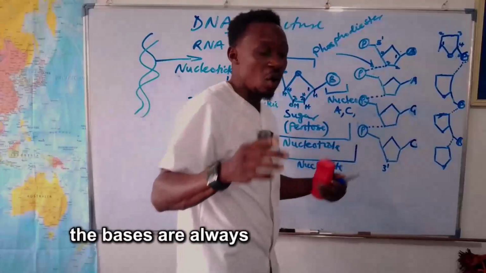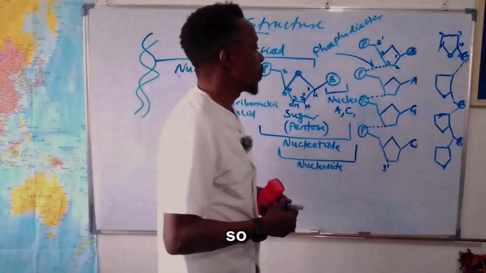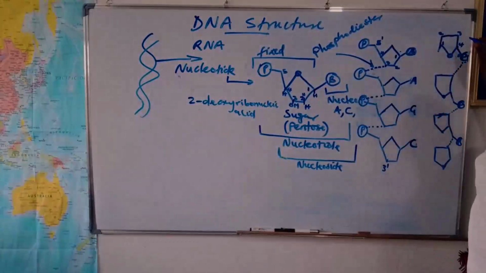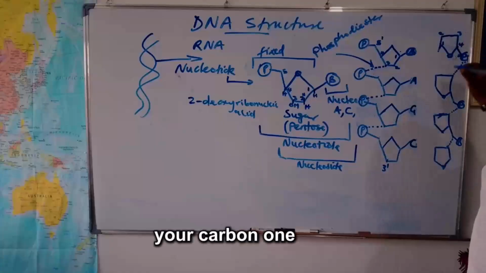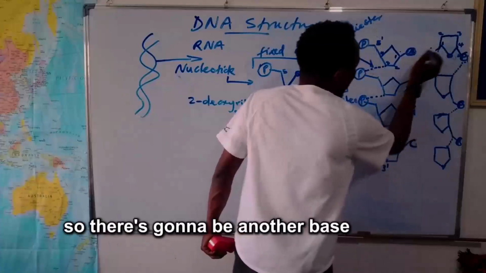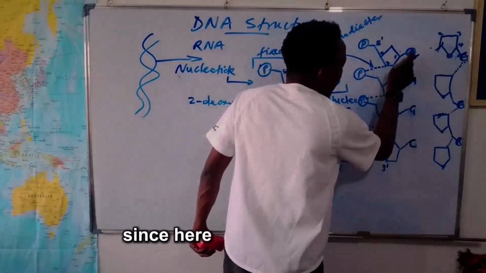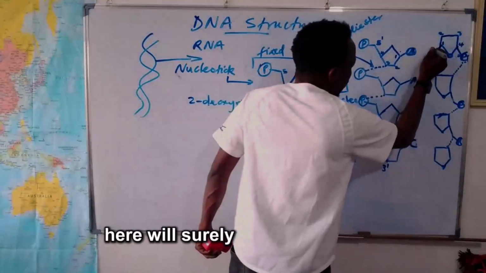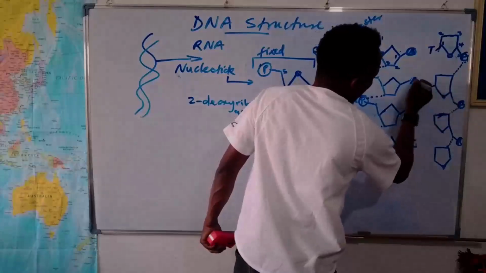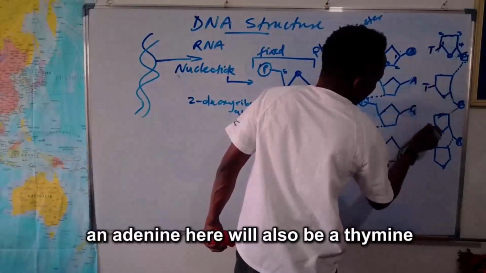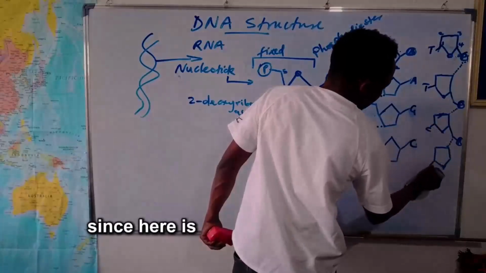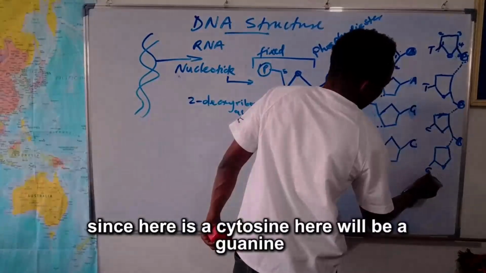So your carbon 1 carries the base. There's going to be another base here that will be complementary to this. Since here is an adenine base, here will surely be a thymine base. Since here is a guanine, here will be a cytosine. Since here is a cytosine, here will be a guanine.